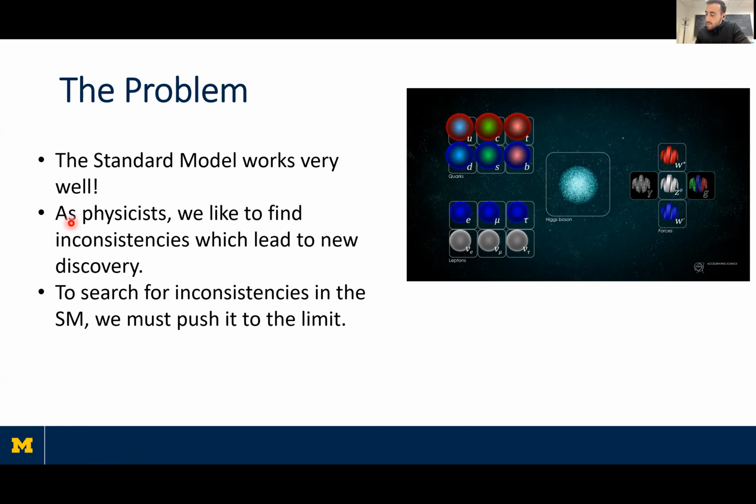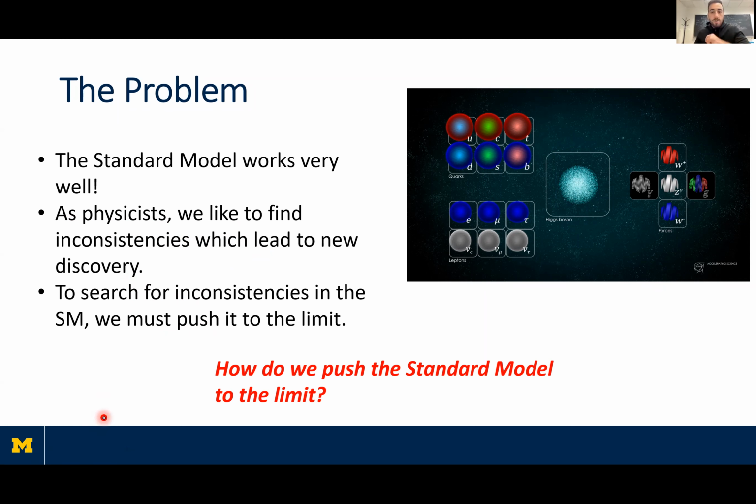But as physicists, we like to find inconsistencies in our theories because usually inconsistencies lead to new discoveries. So to search for inconsistencies, we need to push the standard model to its limit. So this is the big question: how do I push the standard model to its limit? What do I have to compute in order to get more and more precise predictions and calculations?